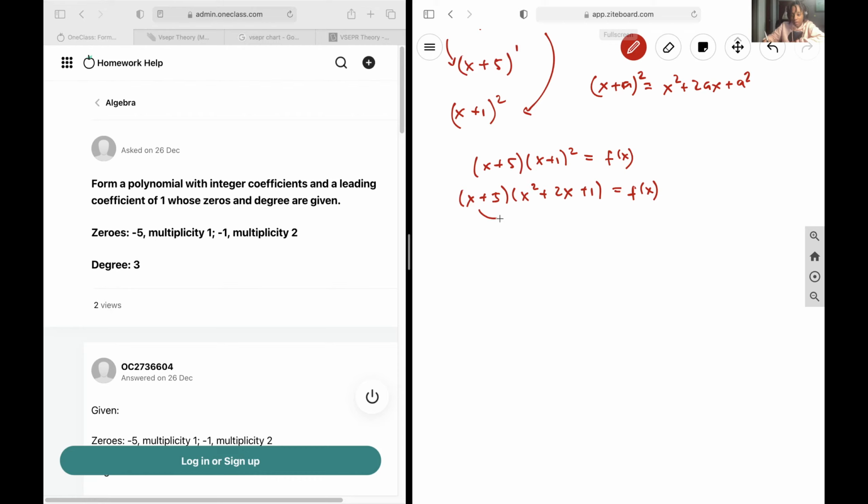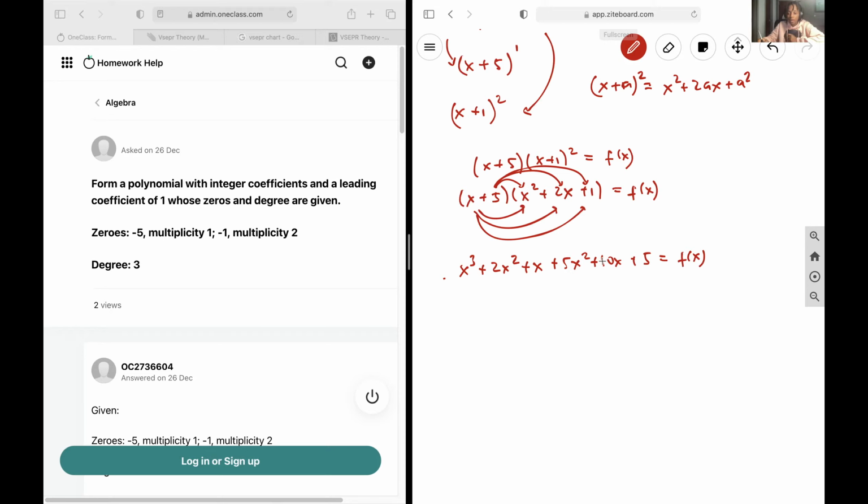And then now we just multiply x by all of these using FOIL, plus 5 by all of these using FOIL. Next up, we get x³ + 2x² + x + 5x² + 10x + 5 is equal to f(x).